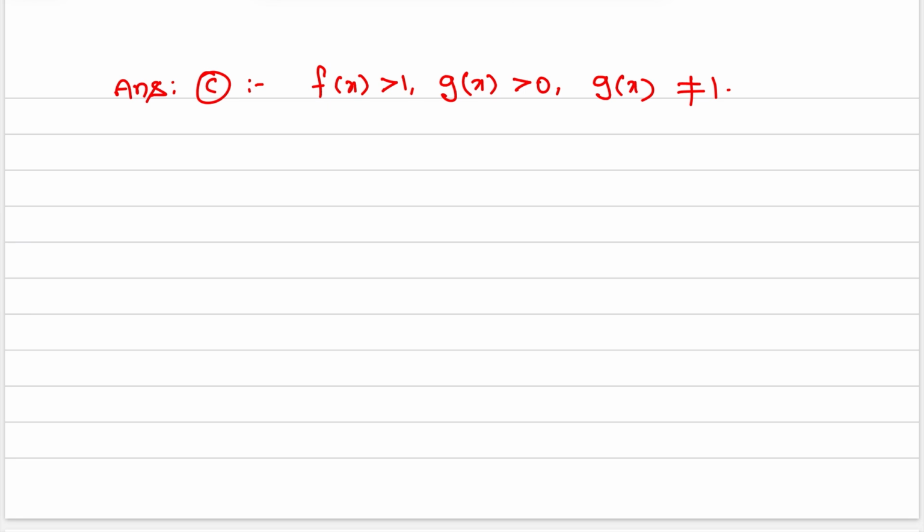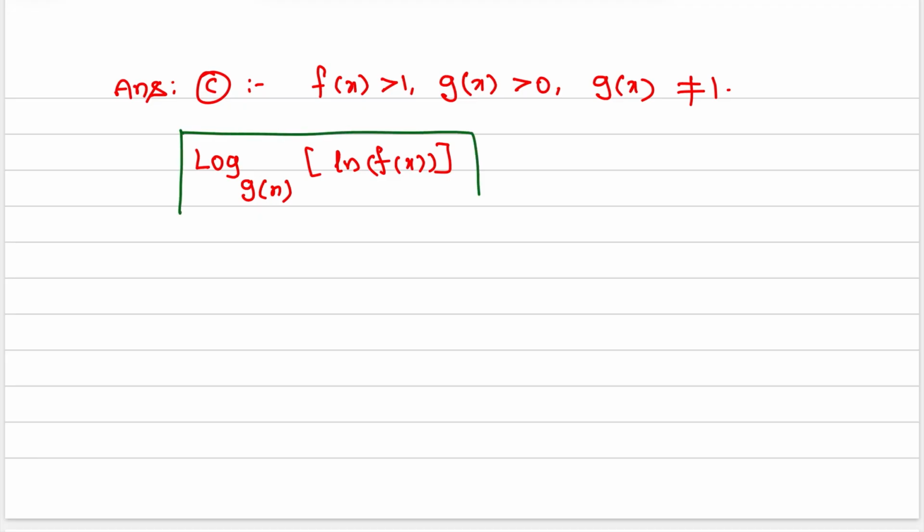This is the domain of log gx of ln function x. Answer is C: function x should be greater than 1, gx should be greater than 0 and gx is not equal to 1.